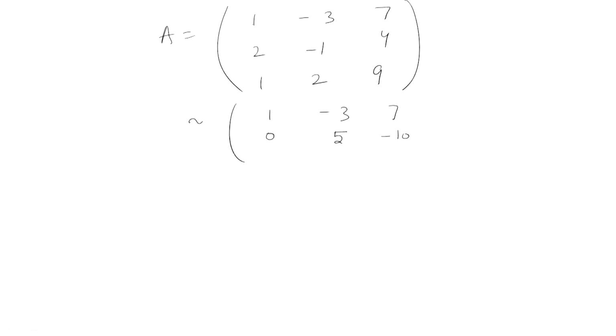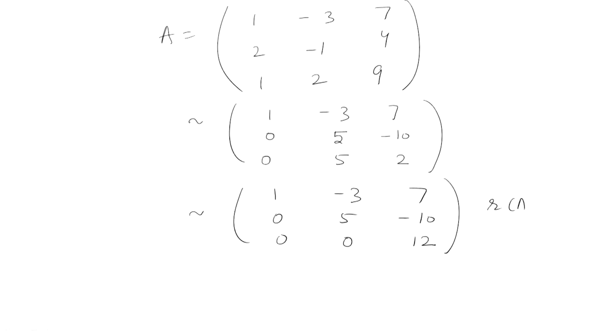The third row minus the first gives 0, 5, 2. Now the first row is 1, minus 3, 7, the second is 0, 5, minus 10, and to make 0 here, the third row minus the second gives 0, 0, 12. So the rank of this matrix is 3, which is the number of unknowns.